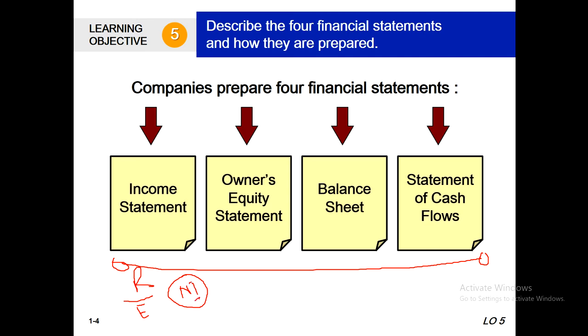Okay, and then the owner's equity statement. The owner's equity statement summarizes the changes in owner's equity for a specific period of time. Here we consider the investment by the owner and the drawing.